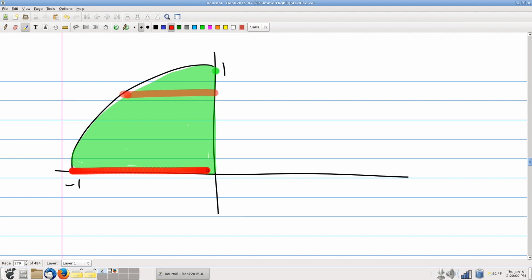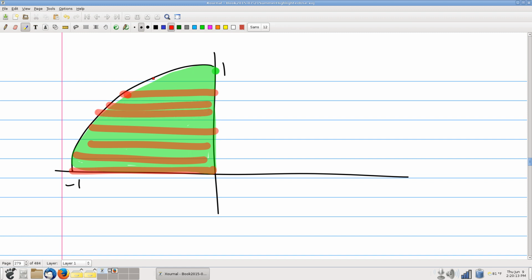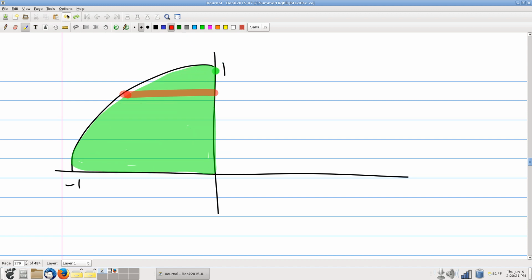Here's the first one, and then there's more, and then there's the last one there. So there's the first slice, and there's the last slice.